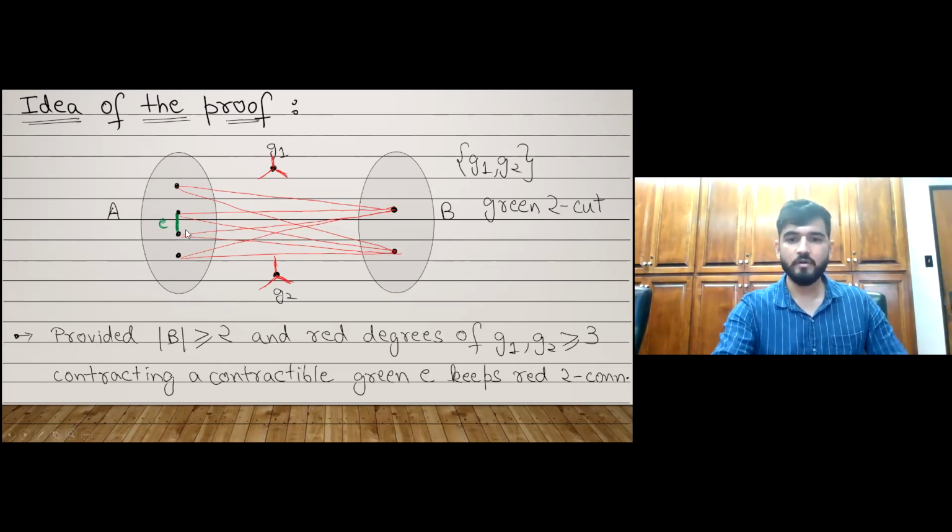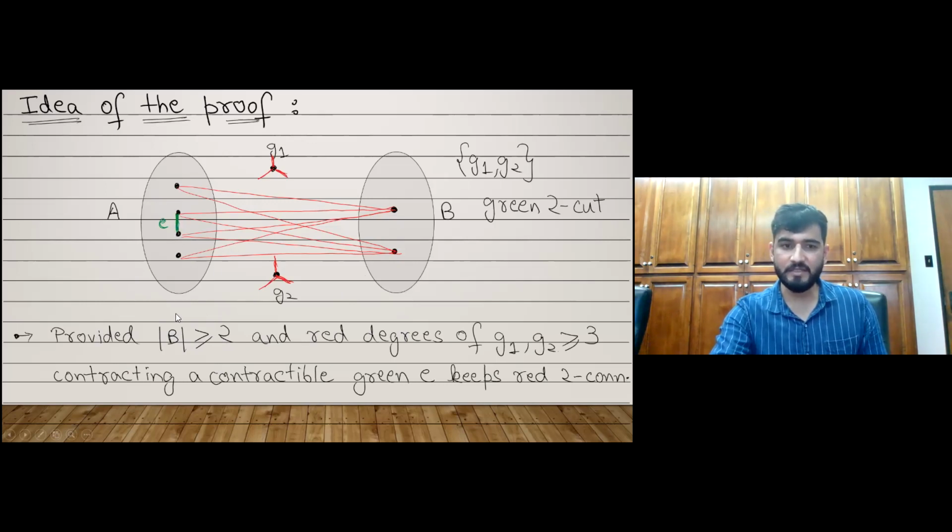So that's the idea. Provided B is bigger than or equal to 2, we can find a contractible edge E here, and that gives us a win.